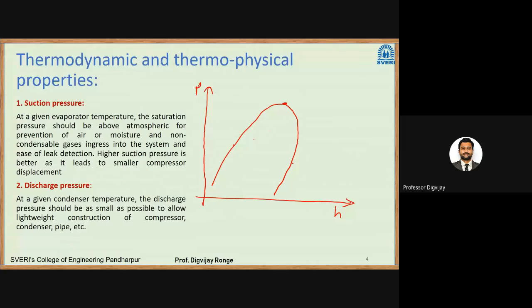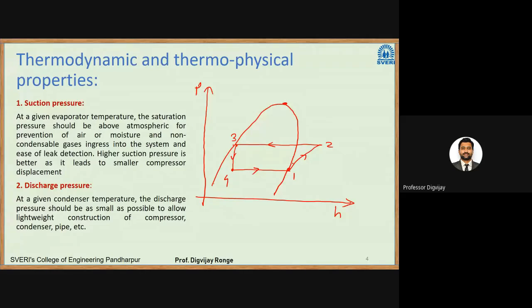That I will explain again today. So I will draw one VCRS cycle. This is 1 to 2 compression, 2 to 3 condensation, 3 to 4 isenthalpic expansion, and 4 to 1 is evaporation.